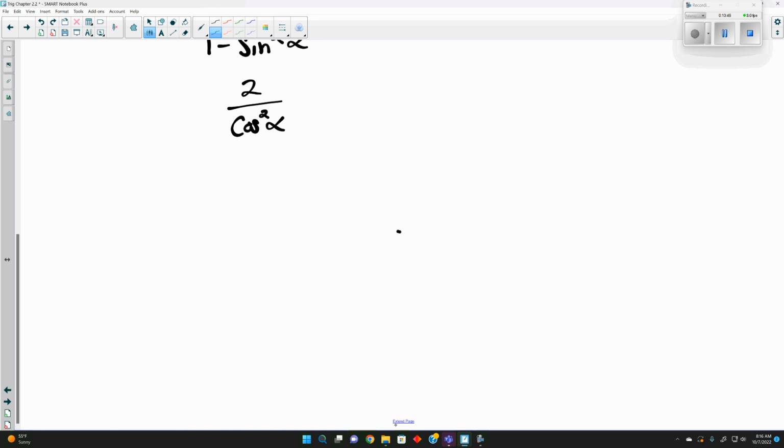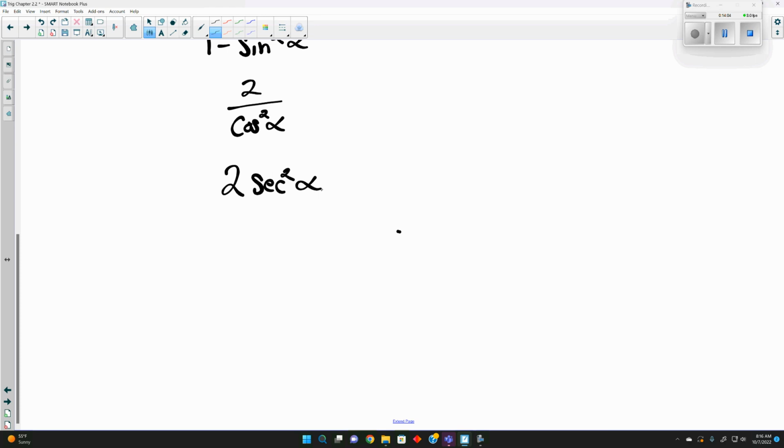Well, we just have 1 step left. Because if cosine squared's in the denominator, we can rewrite this as 2 times secant squared of alpha. I will take that. I mean, some professors might not like that.